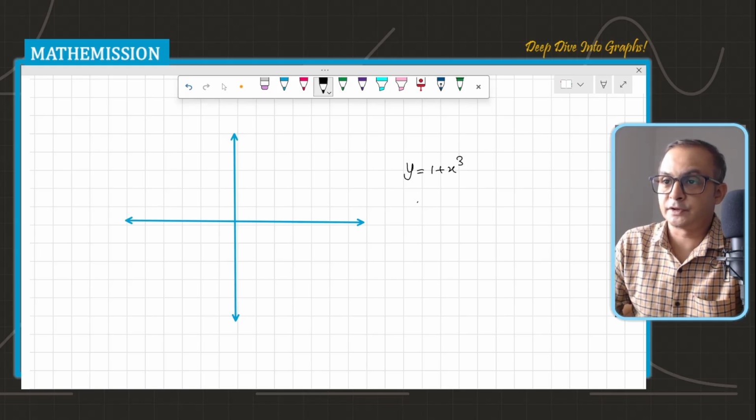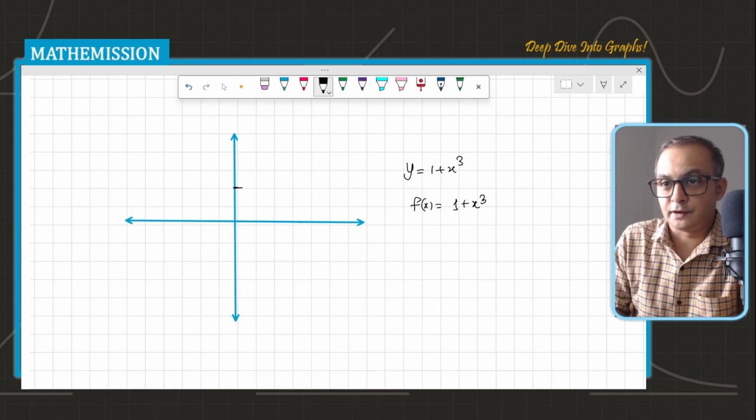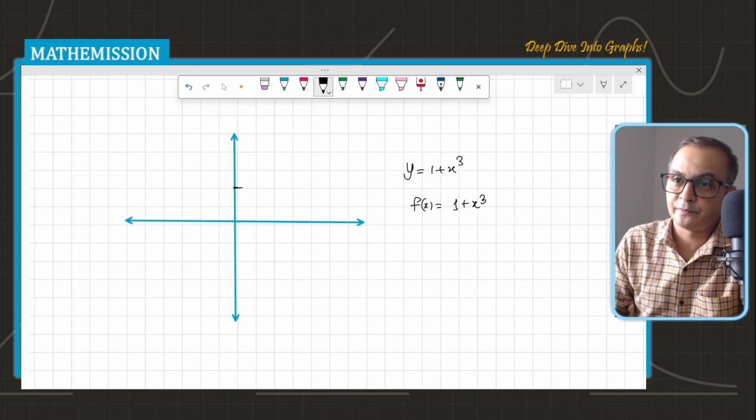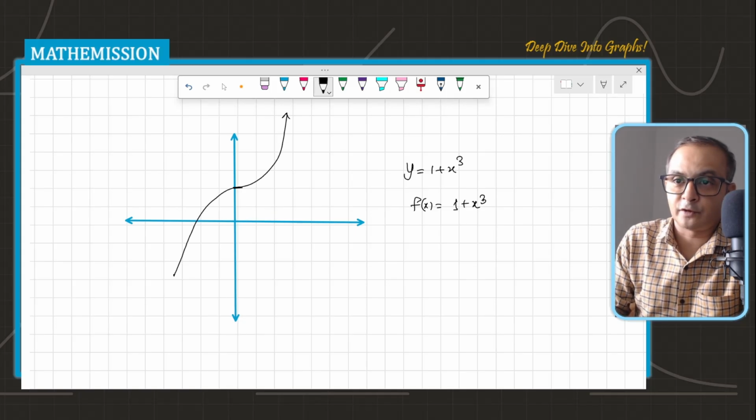And here it's a little bit important to understand, because we have to be very careful in drawing this, unlike we did carelessly for 1 plus x squared. So here I have to shift the graph of x cube 1 unit above. So this will be the graph of x cube, and of course this value will be -1, and so on, and this point is (0, 1).